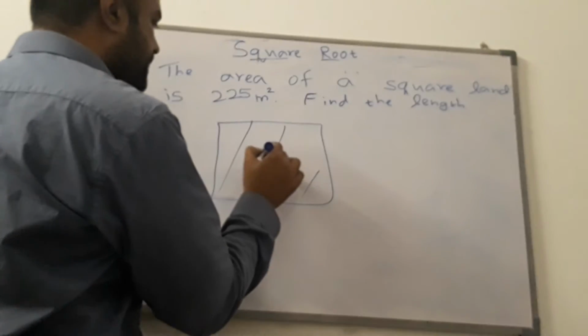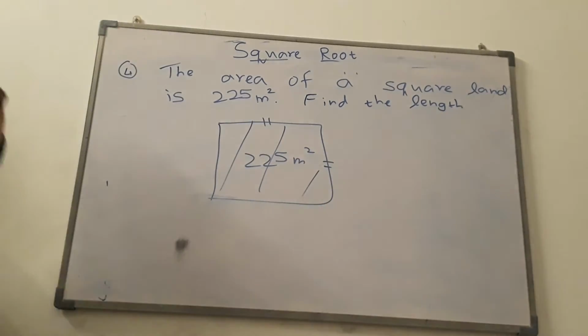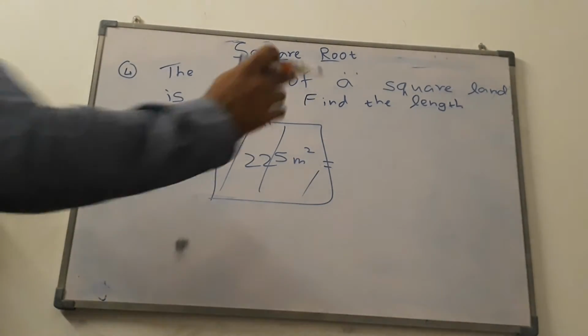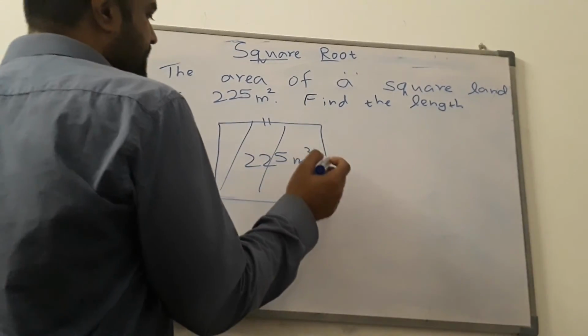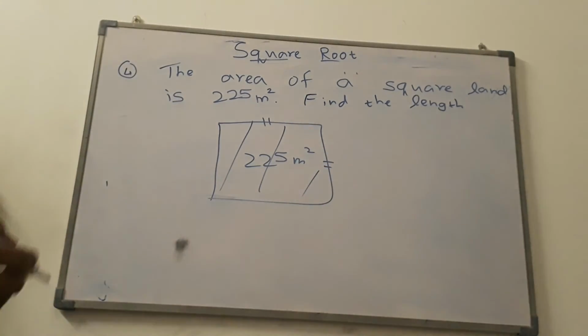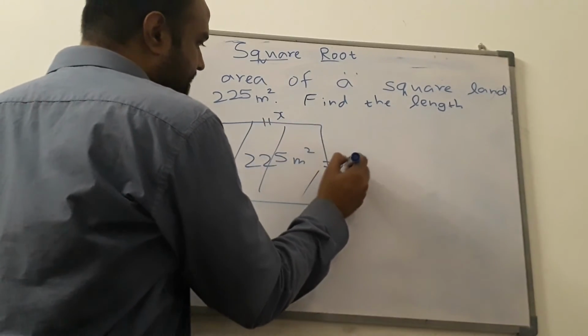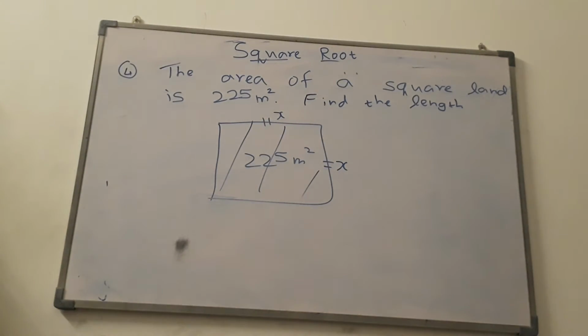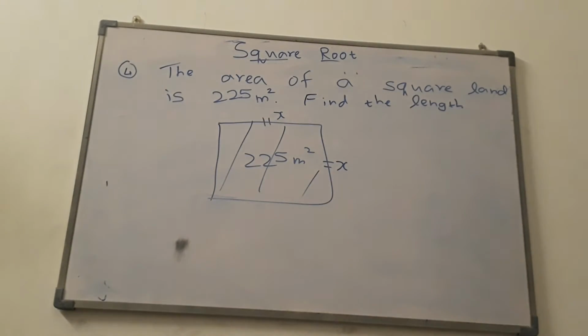Okay, the area of a square land is 225 m square, and we know length is equal to breadth. Length times breadth is 225. Suppose length is x and hence breadth is also x, equal sides of the square.